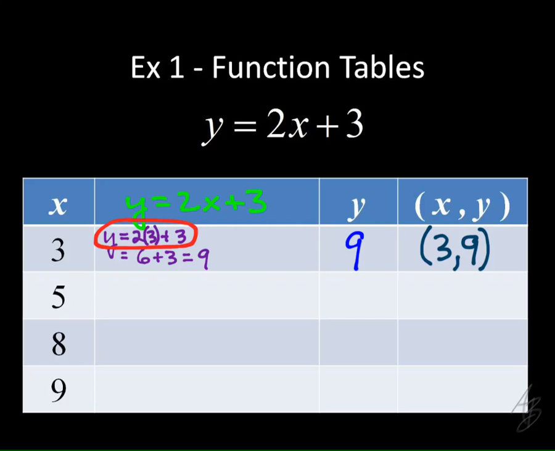Again, you at least need to show what I have circled here in red for your work, to show us what you're putting in for x and what it looks like once you put it in there. Somebody want to help me with the 5? We're going to get y equals what? Diavian, go.